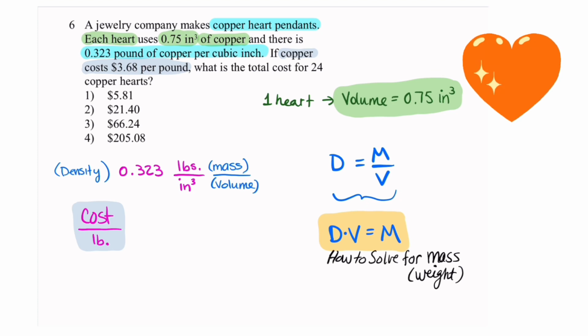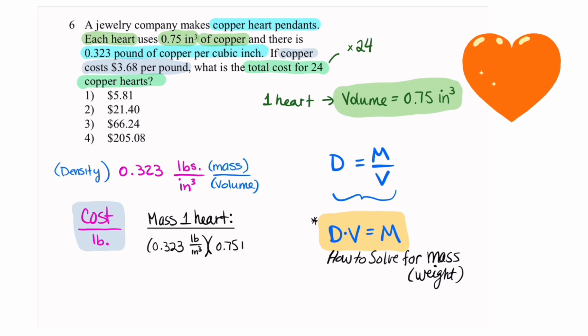So now, laying out our problem, we kind of get a sense of what we have and what we want. So we really want the total cost of 24 copper hearts. So whatever one of them is, we can just multiply the end result by 24. So first, the mass of one heart is found by doing the density times the volume. 0.323 pounds per cubic inch times 0.75 cubic inches.